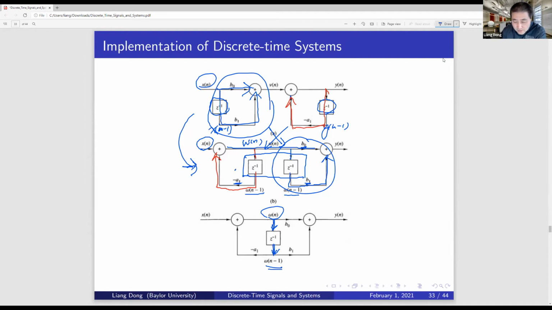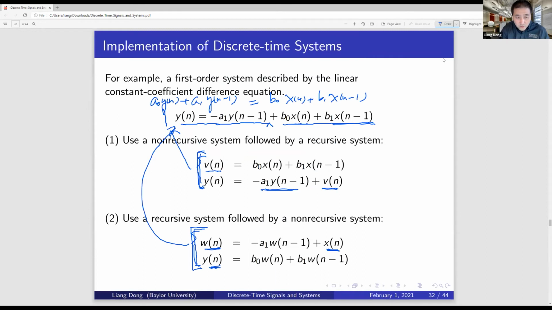In that sense, I can implement the system with reduced physical elements, using just one delay. Indeed, picture C, the bottom picture, is exactly the same as the previous two, and it gives me the system that fulfills this difference equation right here.